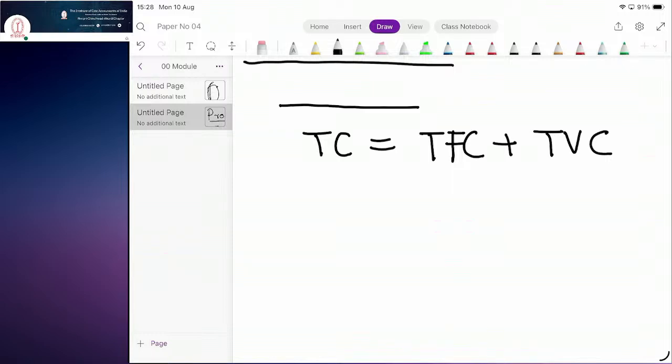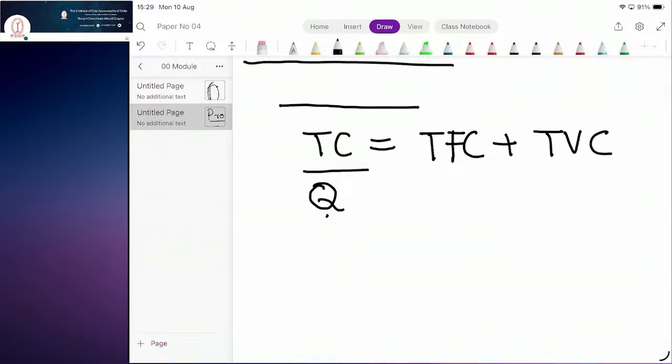Total cost is the sum of total fixed cost and total variable cost. Now, if I divide this by Q, then I will get some average cost per unit of output. What is the cost per unit of output? Average cost. That will come if I divide TC by Q.